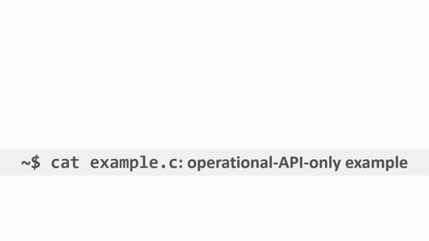If you remember the example I showed you earlier, the echo command, I'd like to take you very briefly and quickly through the source of that command, the example.c file, and this example uses strictly only the operational layer API.